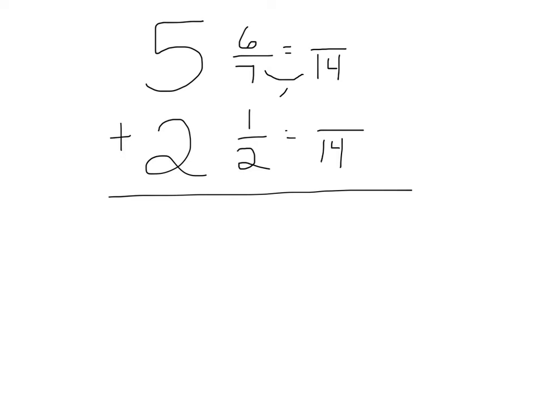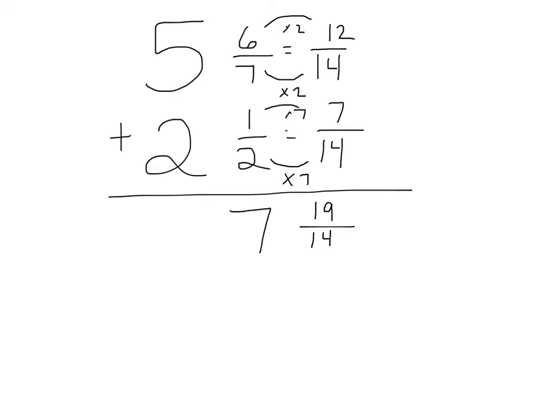So 7 times 2 is 14, and 6 times 2 is 12. 2 times 7 is 14, and 1 times 7 is 7. So now I have 12 14ths plus 7 14ths, and that makes 19 14ths. So my fractions add up to 19 14ths, and my whole numbers, 5 plus 2, adds up to 7.